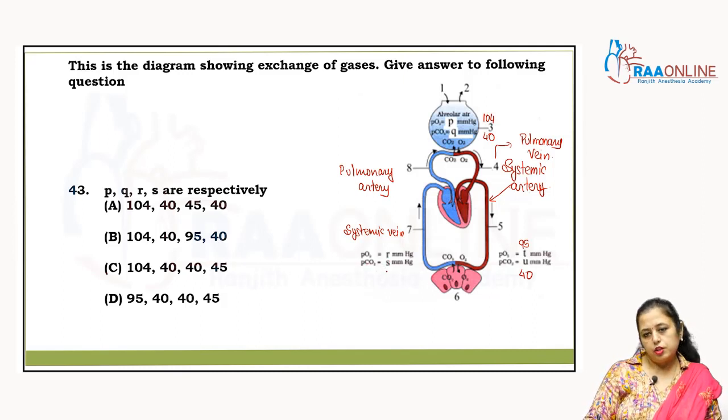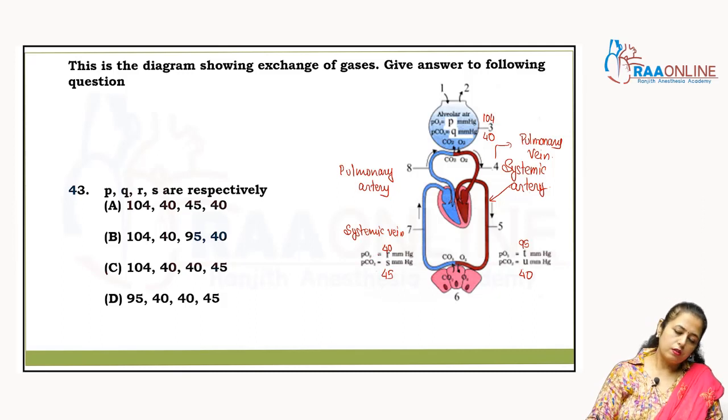That partial pressure S is 45 mm of Hg, and the partial pressure of oxygen here is 40 mm of Hg.